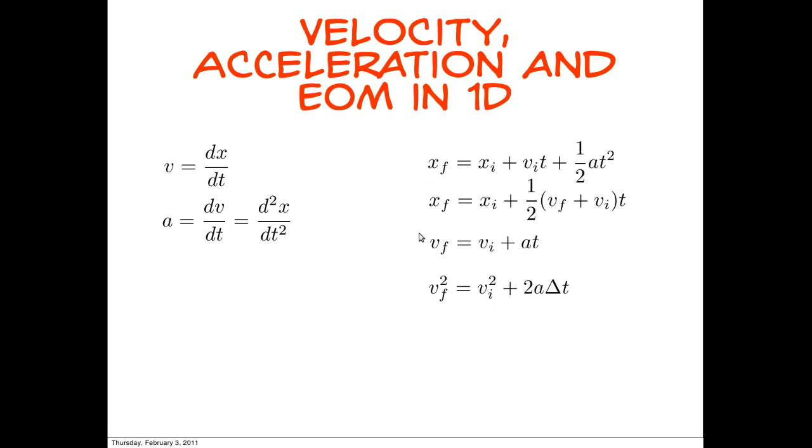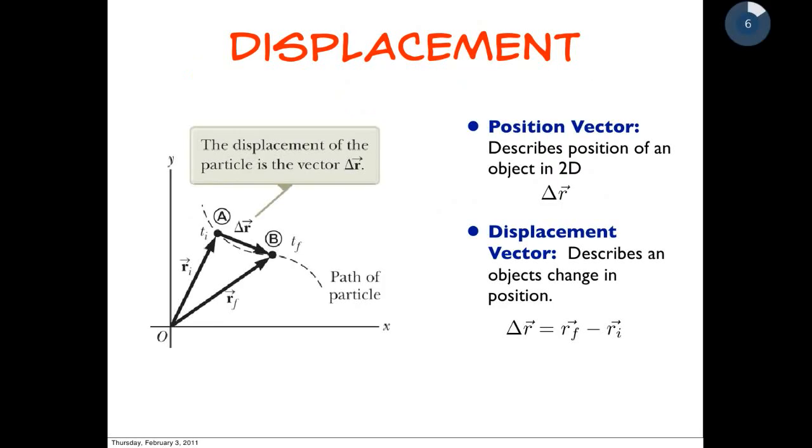We also had defined 4 kinematic equations of motion, which we were calling EOM, equations of motion. We had 2 equations for the position of an object, and we had 2 equations for velocity. What we're going to do today is extend these equations and these ideas to 2 dimensions.